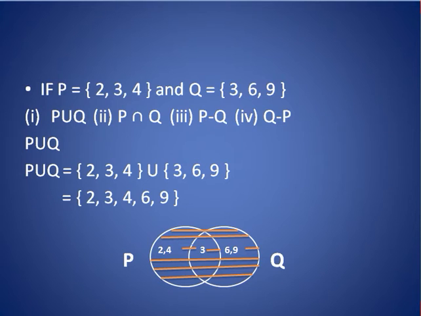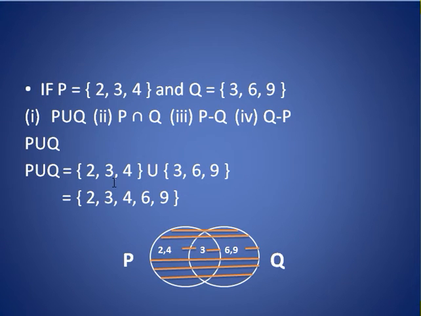Question number 2, if P equal to 2, 3, 4 and Q equal to 3, 6, 9, then find P union Q, P intersection Q, P difference Q and Q difference P. First, P union Q. Set P elements 2, 3, 4, union, then set Q elements 3, 6, 9.